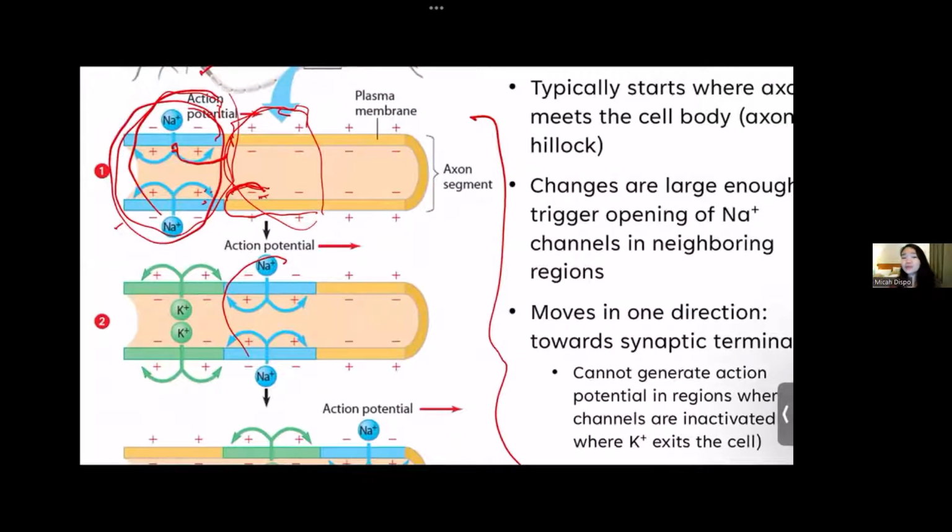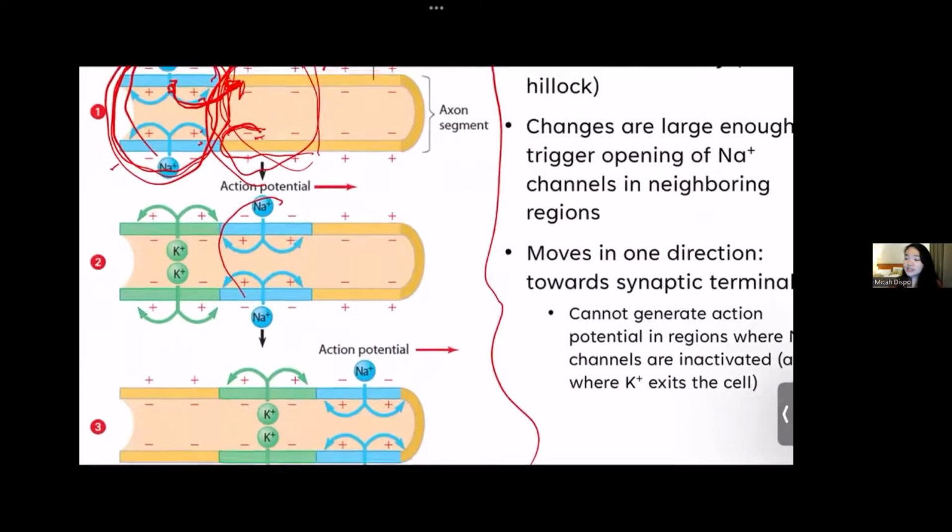And we have to note that this happens along the axon up to the synaptic terminals. So if your action potential starts here, again, the influx of sodium ions is strong enough to make the neighboring region reach threshold and thus triggering a new action potential, which is this one.